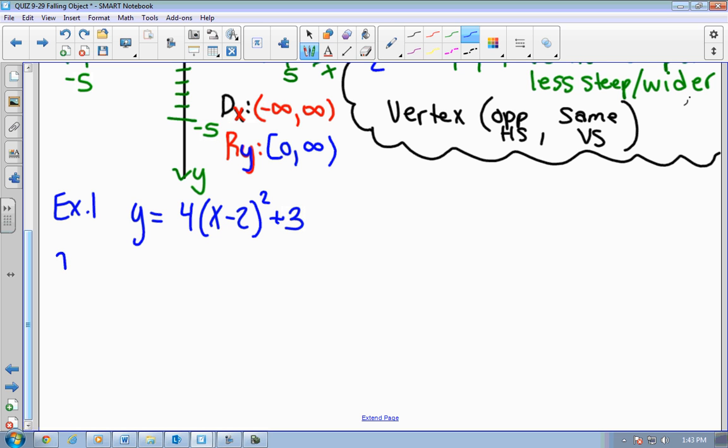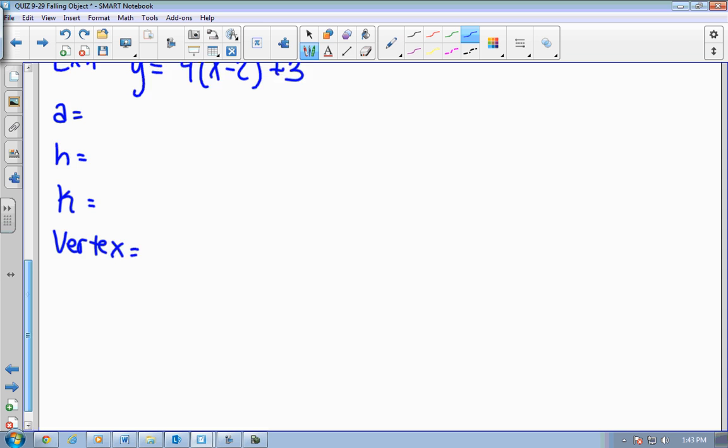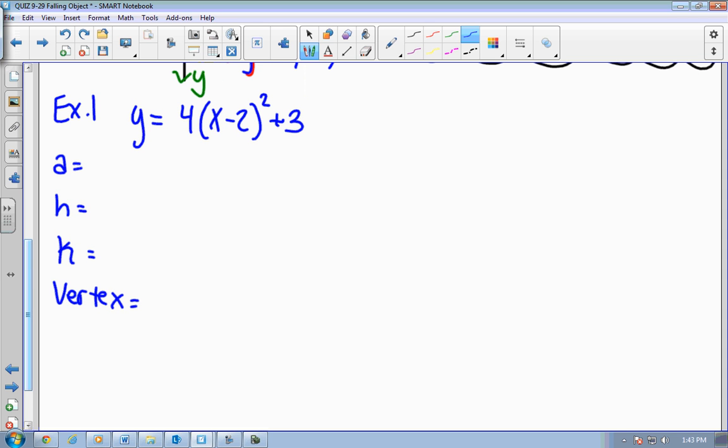Underneath it, I'm going to write A, H, and K. And then I'm going to say vertex. Those are things you should be able to identify just by looking at the equation. My key is scrolled up, so you should have your key on your paper right in front of you.